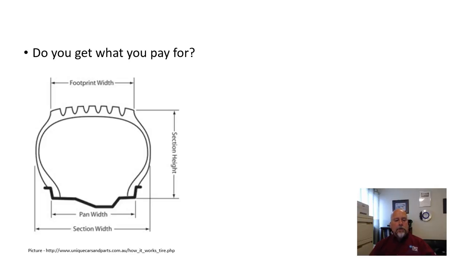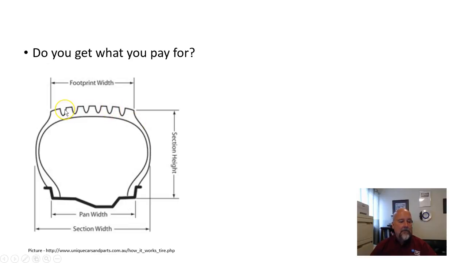Okay, so we're getting to the end here. So do you get what you pay for? Well, this is kind of interesting. We have just a cross-section picture of a tire here. If you look at this, you see this is your section width, right, to the sidewalls. It is not uncommon that a less expensive tire actually has less tread up here.